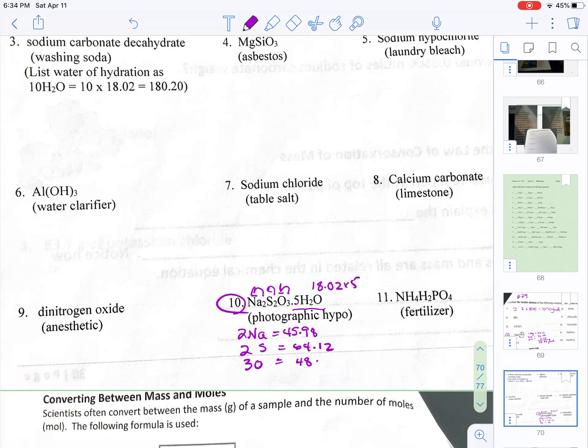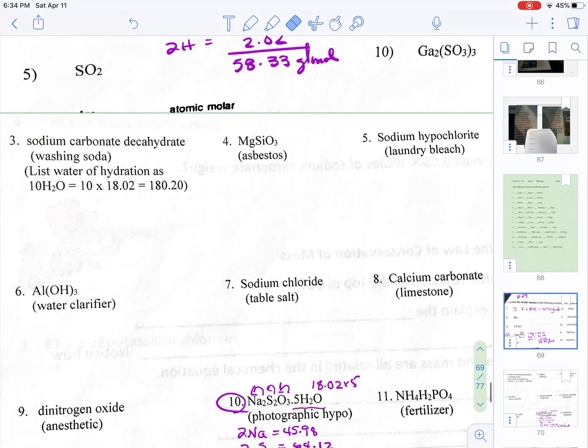So 5 times the 18.02 for water will end up being 90.10 grams per mole. And all you do is add all of those together, and the actual total here is 248.22 grams per mole. And you have a total for that molecular compound.